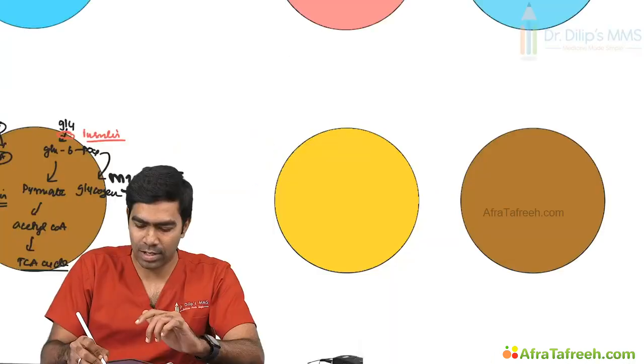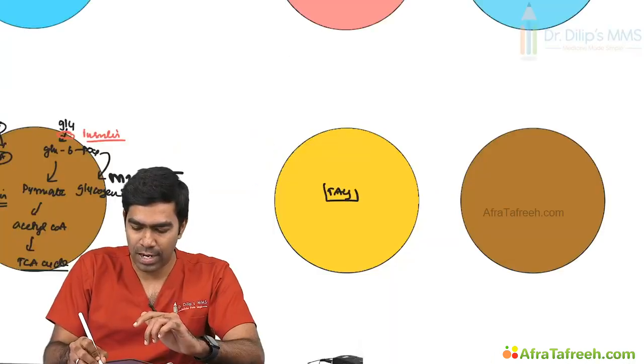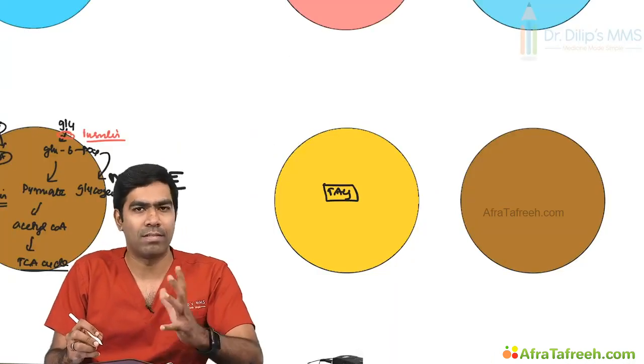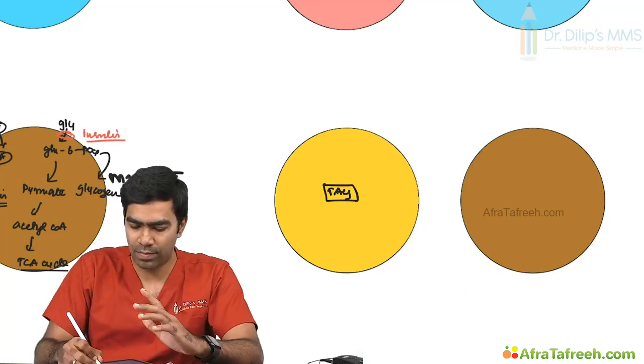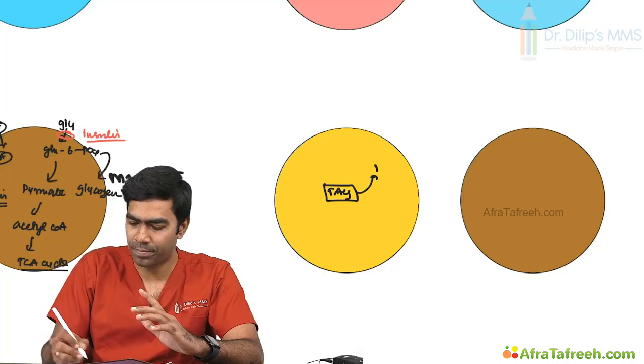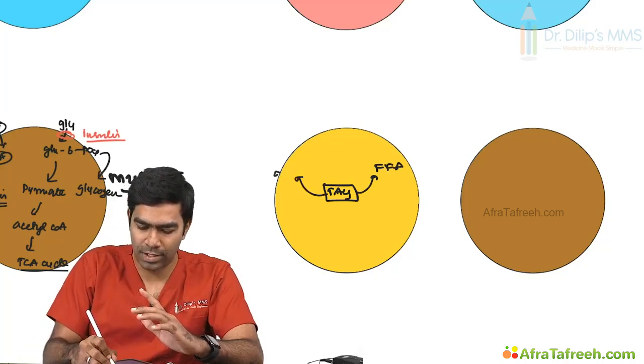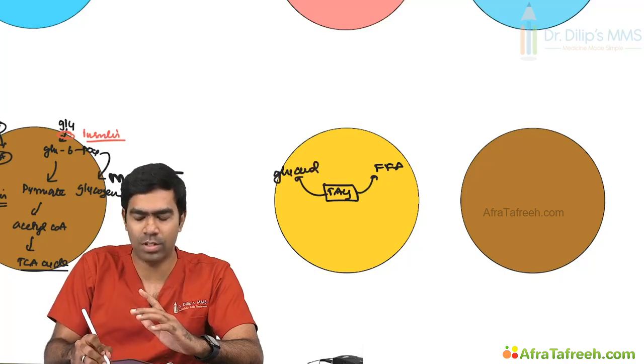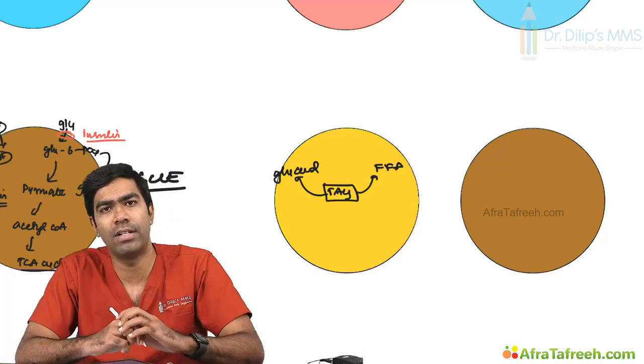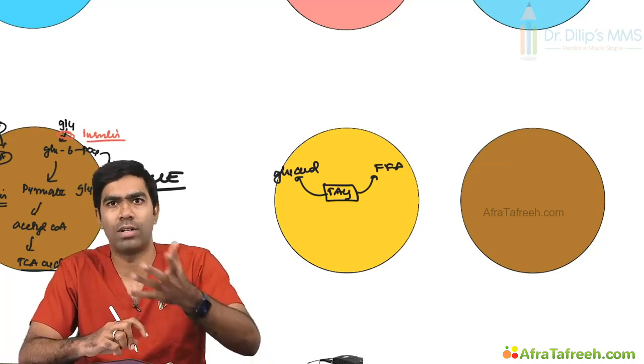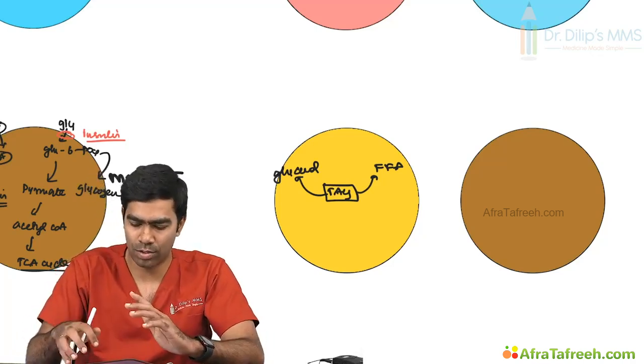So first, let us start with the adipose, where they have enough stores of triglycerides, which are going to be broken down by hormone-sensitive lipase to free fatty acids and glycerol. Of course, hormone-sensitive lipase will be more active here because there will be low insulin and high counter-regulatory hormones.